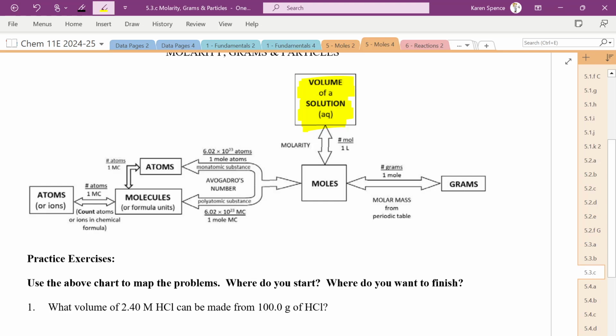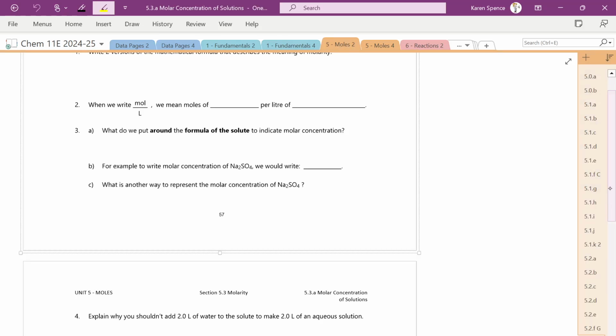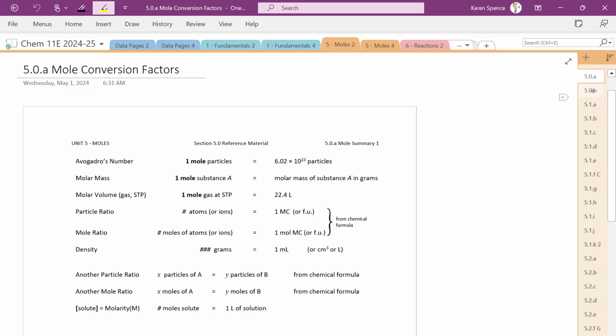Okay. So we have from moles, and I really want to go through and change all of these little maps to the other map because I like the other map better. It's cleaner. So if we were here, where is it? Did I put it here?